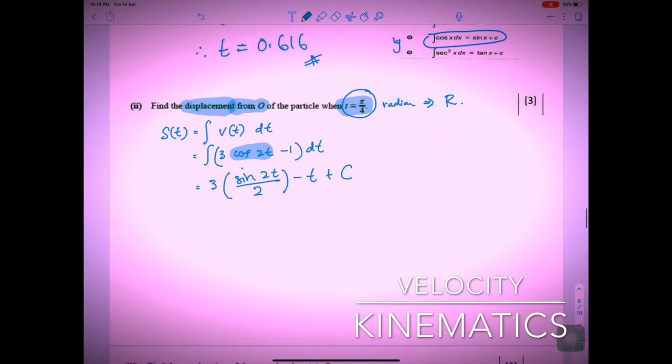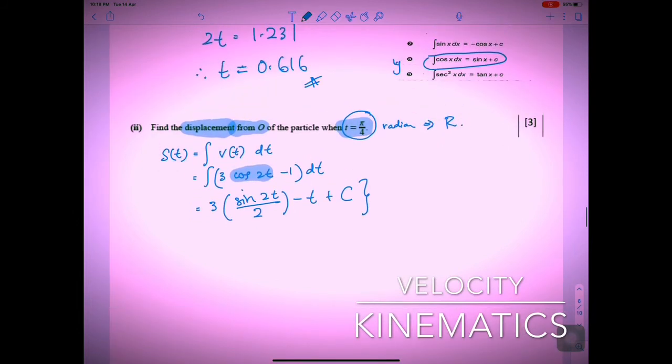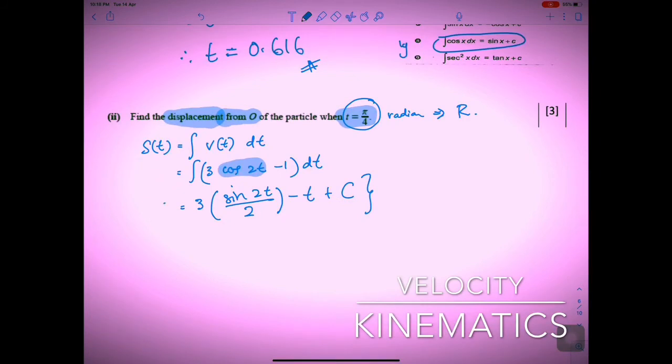Because t equals 0 when it passes through O, therefore s equals 0, therefore c equals 0. So s(t) equals 3 over 2 sin 2t minus t, plus 0 for c.